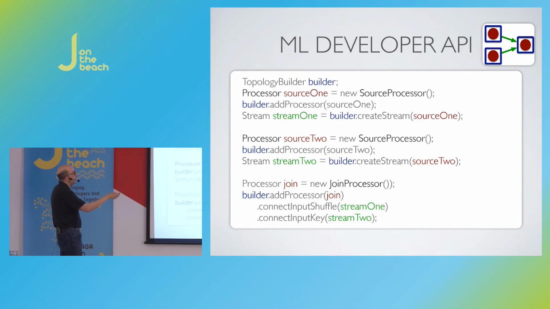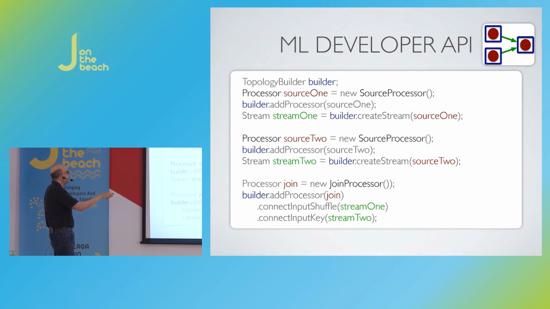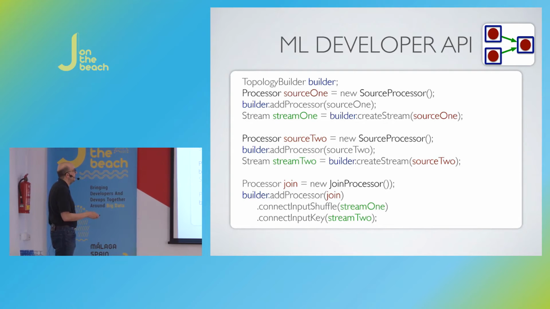So here, imagine that we have two processors, processor 1 and processor 2, and then we join them. We have one stream from processor 1 to the join processor, and from processor 2 to the join processor. The API is very easy. We have a topology builder.